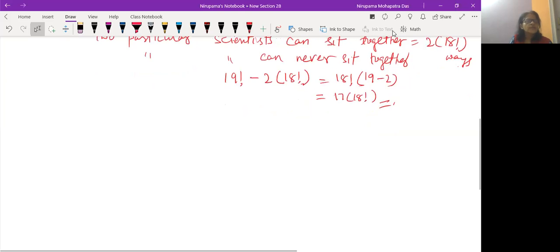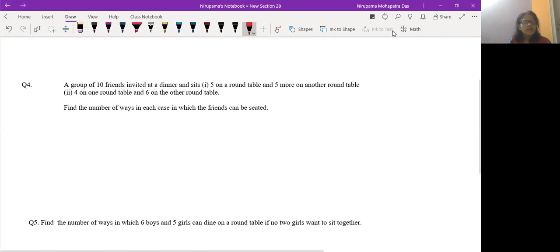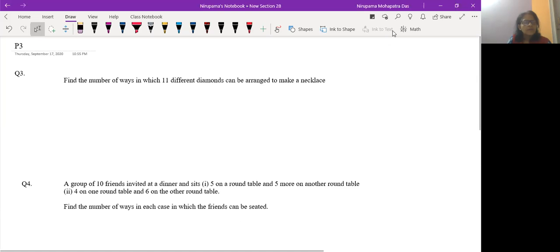Okay, so next question. Find the number of ways in which 11 different diamonds can be arranged to make a necklace. In case of a necklace or flower garland, we take the number of permutations of n objects taken all at a time as half of factorial n minus 1.